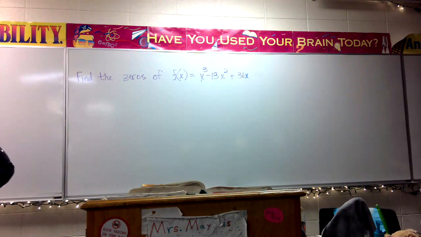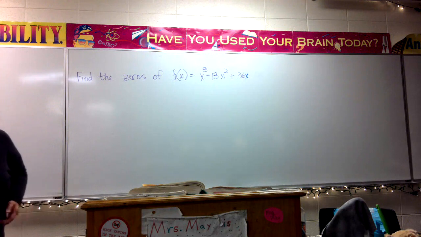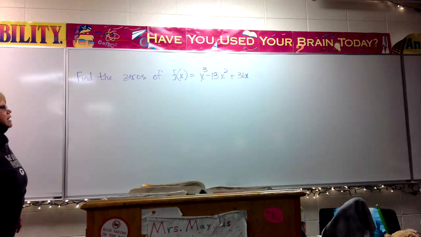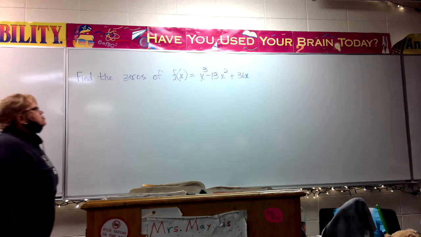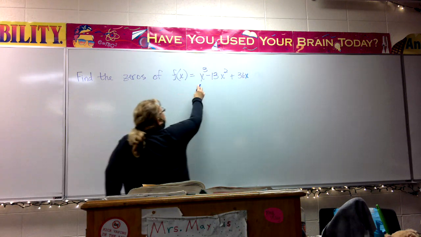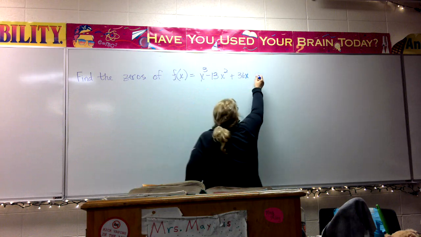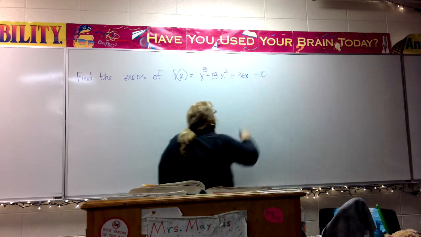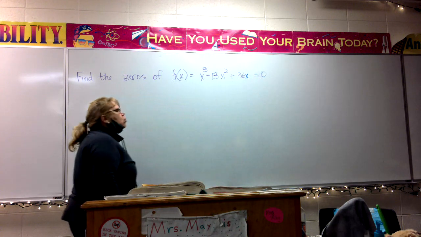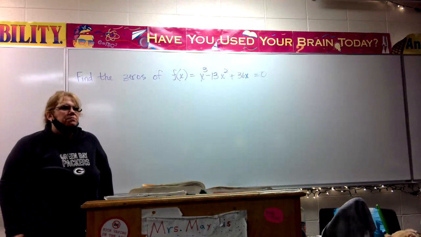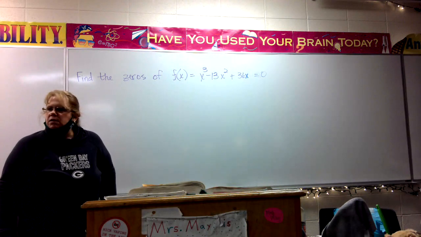Well, you need to know what the zeros means, first of all. The zeros of a function are the values that you plug in that would make this equal to 0. We want to know what values of x would make that equal to 0.